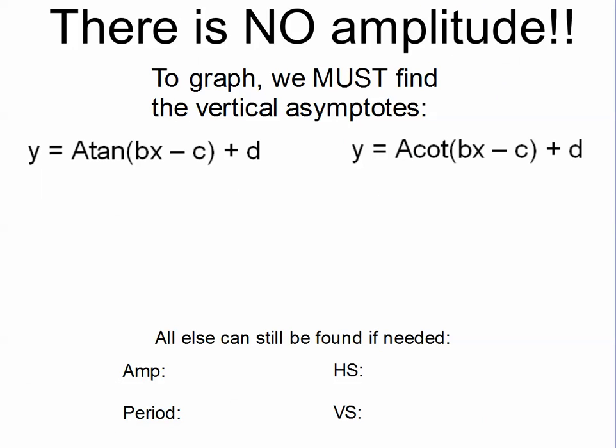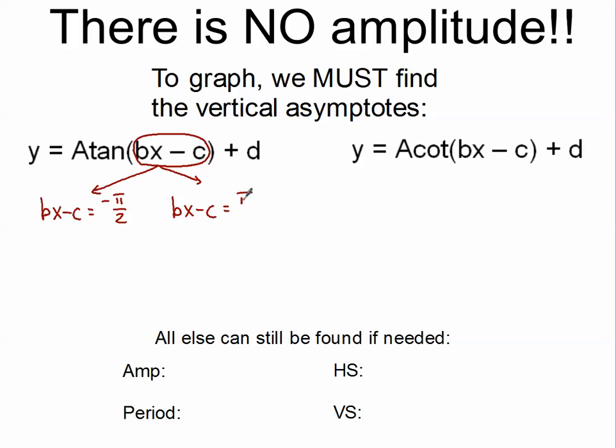Okay, so the method that I use to graph tangents and cotangents is a little bit different than we did for sines and cosines. What I like to do is simply find the vertical asymptotes. And the only part of the function that's going to change the vertical asymptotes is right here, the bx minus c part, basically the thing in the parenthesis. What we're going to do for the tangent curve is set bx minus c equal to negative pi over 2, and we're going to set it equal to positive pi over 2.